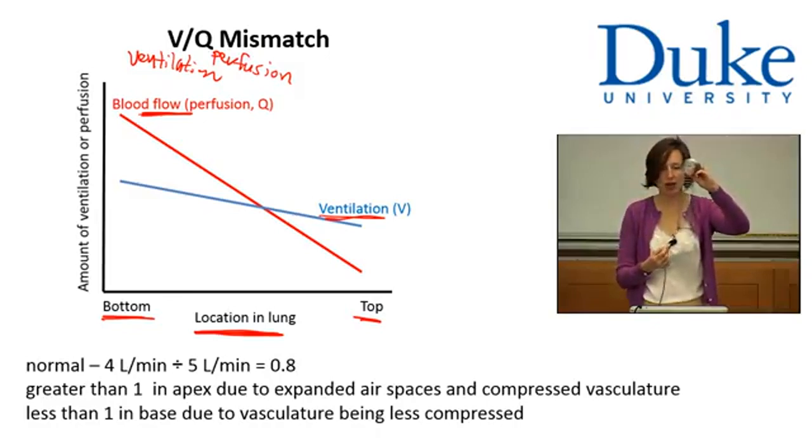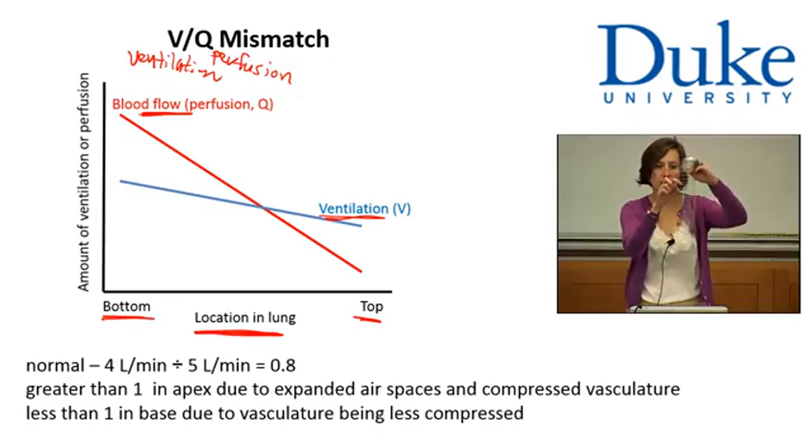And what that affects is the compliance, where you can see with this slinky, the top is already stretched, so it's lost some of its compliance, whereas the bottom of the lung, since it's just hanging there, has increased compliance. It's much more distensible.